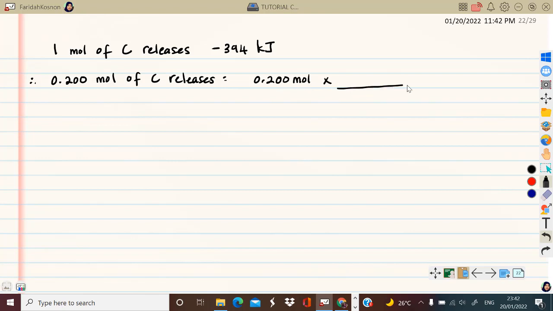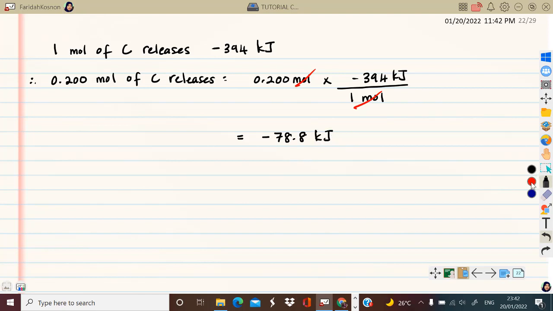And 1 mole carbon releases negative 394 kilojoule heat or energy. So you can see here, the amount of heat release adalah around negative 78.8 kilojoule.